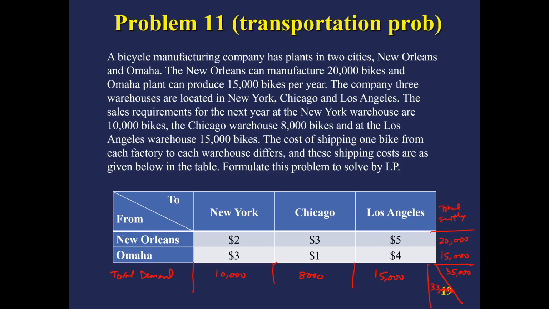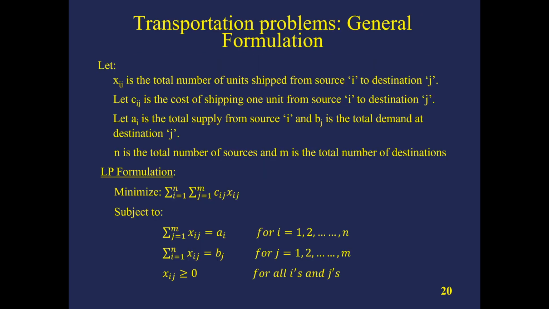First, we will see a general formulation, as we have seen for the assignment problem, of how to formulate this kind of problem in LP, and then we can see it particularly for this case. So, the transportation problem, a general formulation. We define the variables.